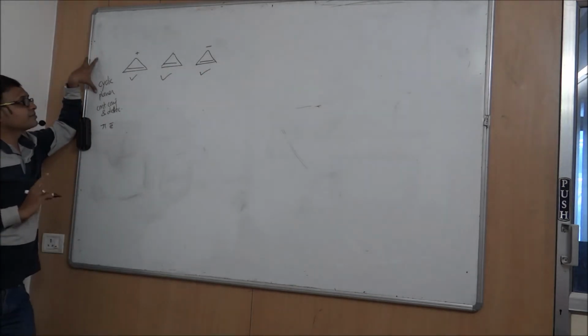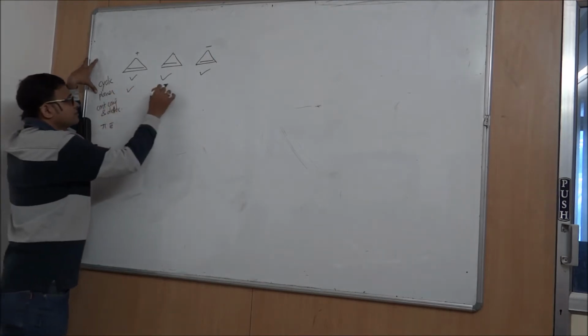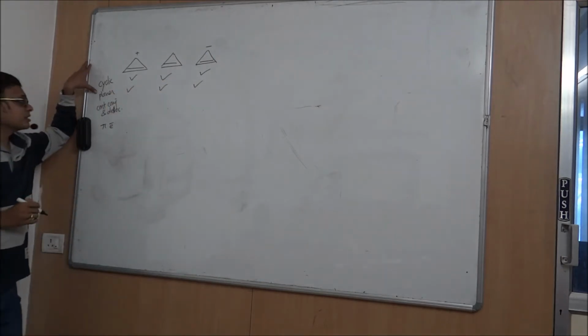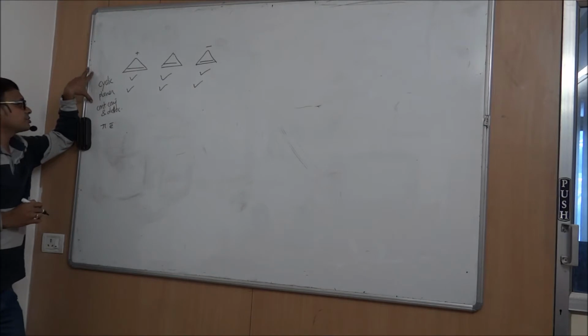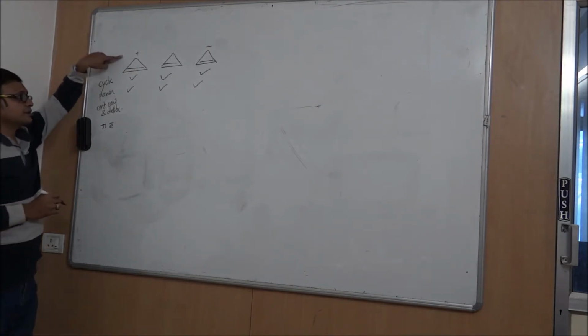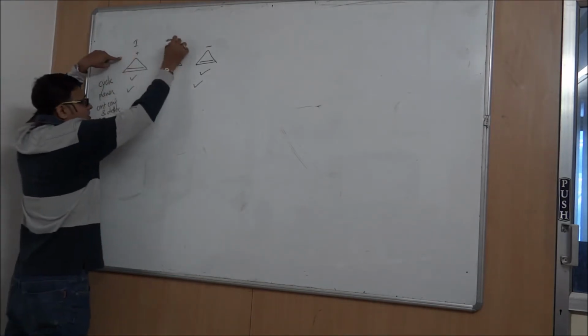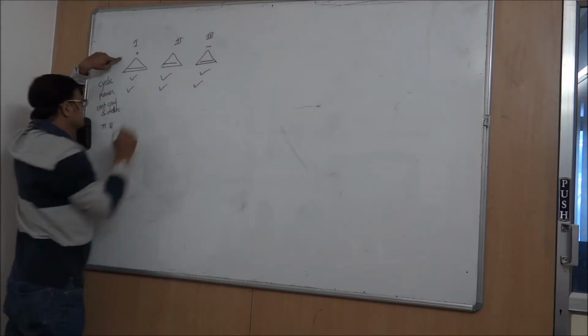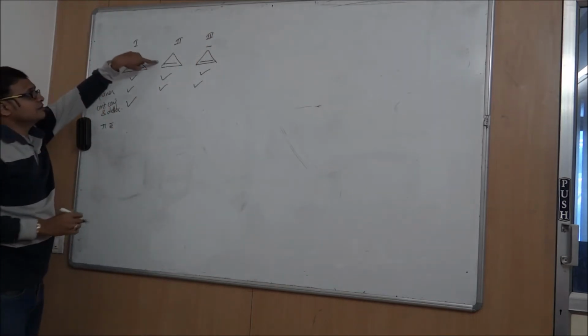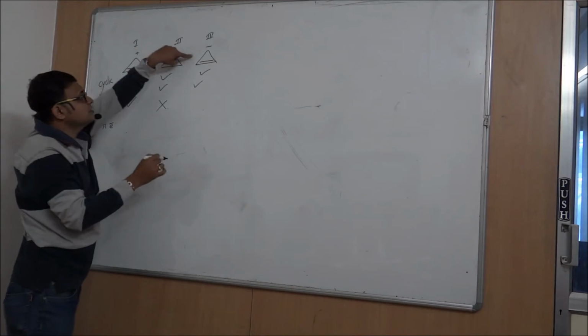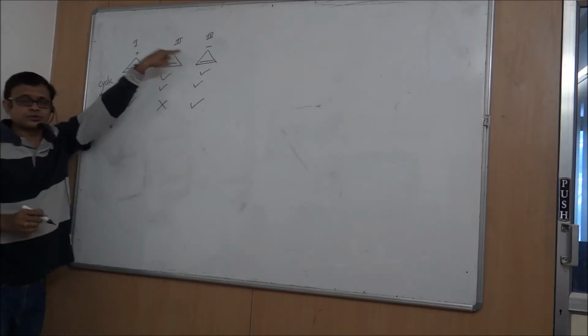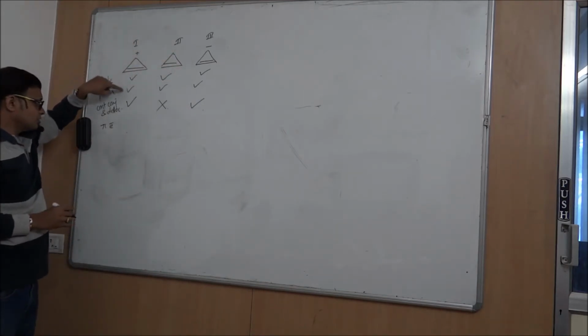All are planar. Now for continuous conjugation and delocalization: the first is possible, the second is not possible, the third is possible. So all rules are followed.